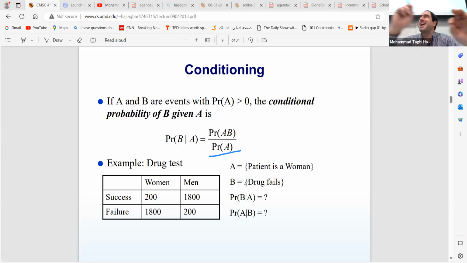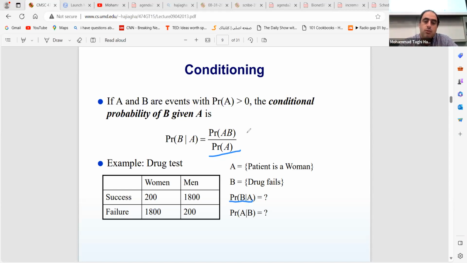If we consider a random sample, we take one person out of the 4,000 people. This event is that this person is a woman. So what are the possibilities, and what is the thing that it fails? This is the space that we are talking about. What is the probability of B conditioned on A?